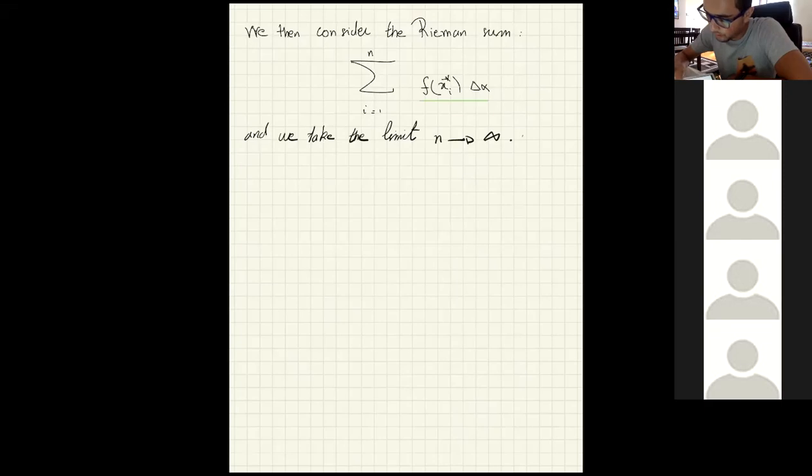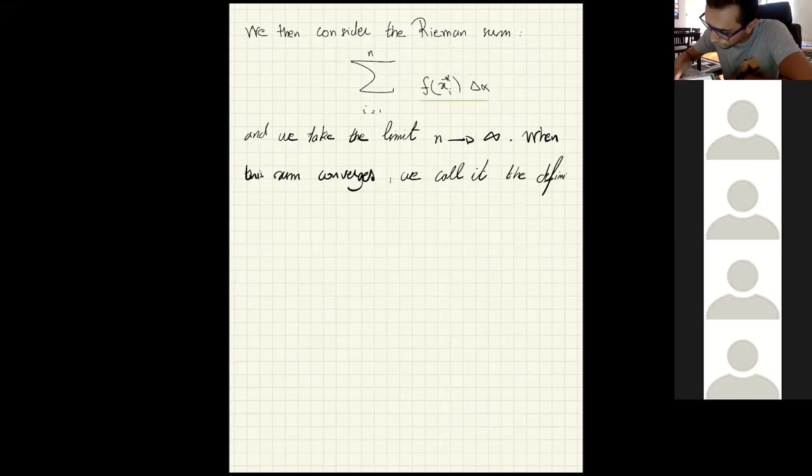So when this sum converges, because it doesn't necessarily give something when you go to infinity, we call it the definite integral of the function f(x) from a to b.